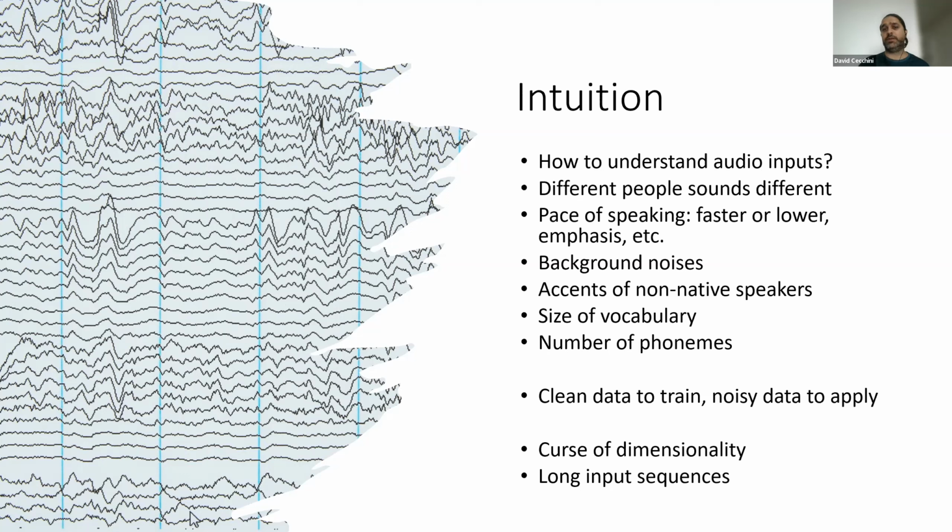And from a modeling perspective, it's a very hard problem to solve because we have a high dimensionality for the classification of your outputs, and you usually have very long sequences of audio input. These long sequences are known to be a hard problem even for deep neural networks to solve.